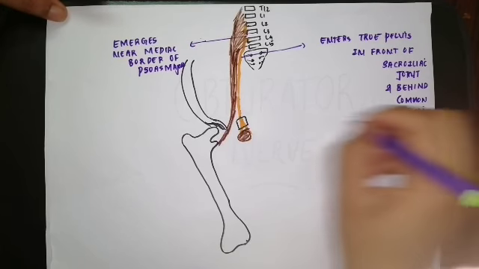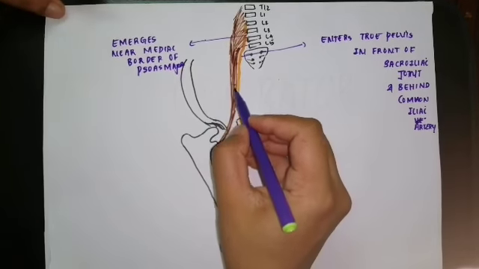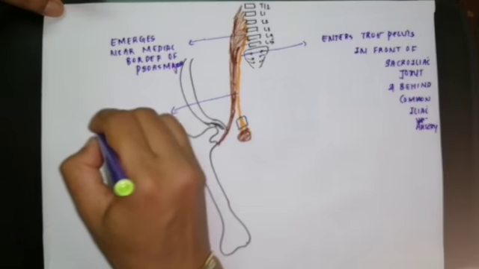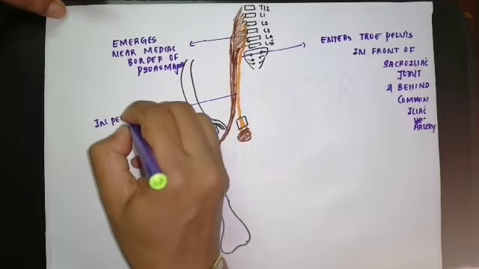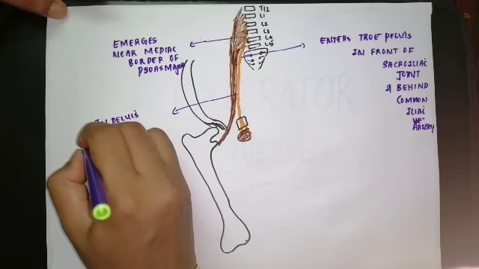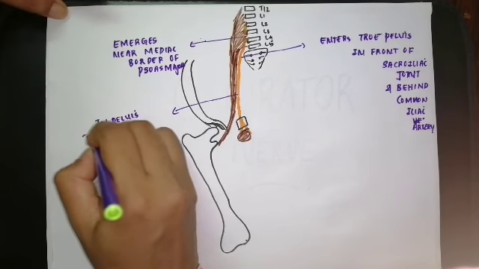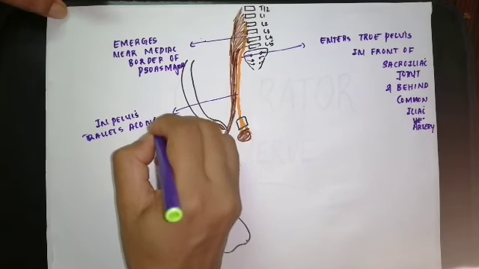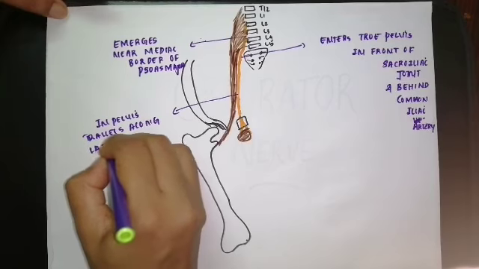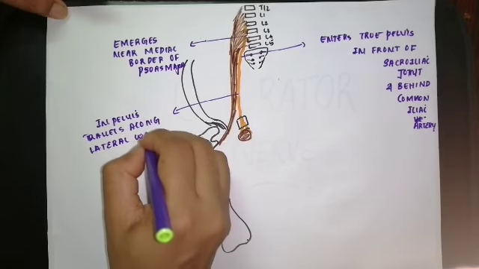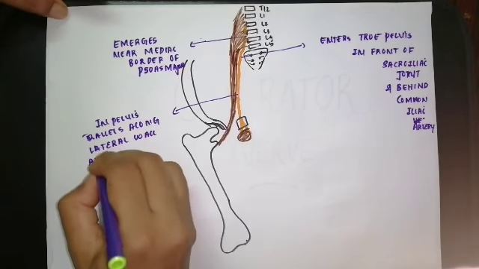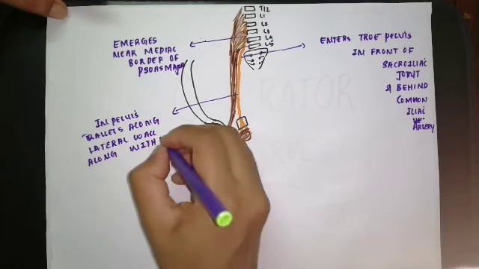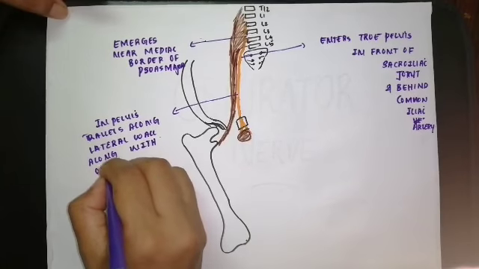Now what happens in the pelvis? In the pelvis, it travels along the lateral wall of the pelvis along with the obturator vessels.